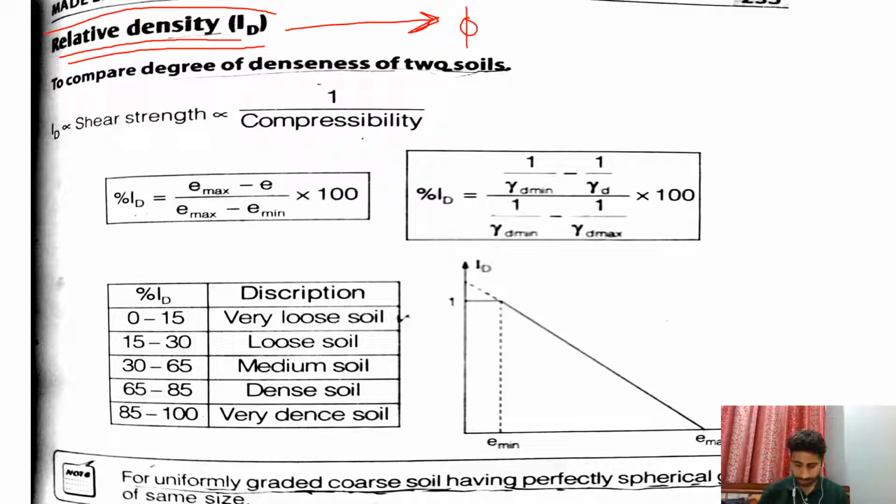Relative density is used to define the denseness of cohesionless soil.